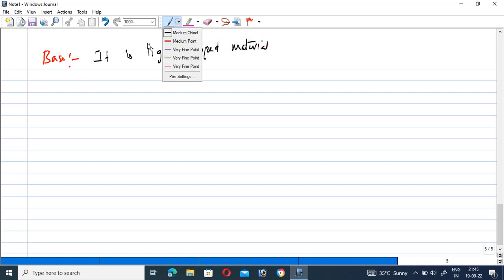Let us see what is meant by emitter. Emitter means that which emits the electrons.